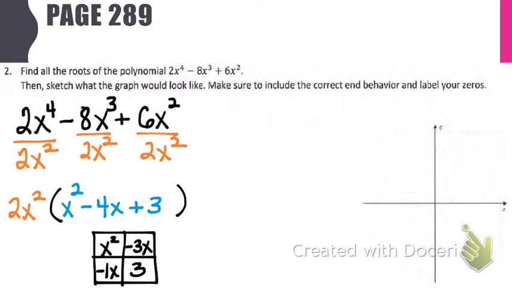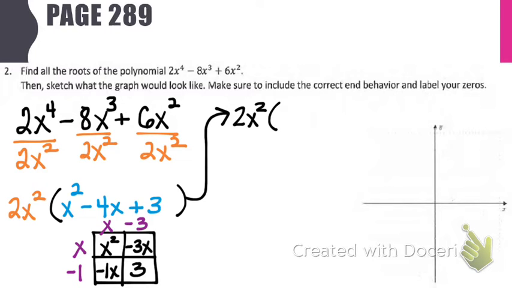So let's take out our GCF. So we got x and x, negative 3, negative 1. So my factors are the 2x squared that I took out, x minus 3, and x minus 1. So let's solve and get our 3 solutions.